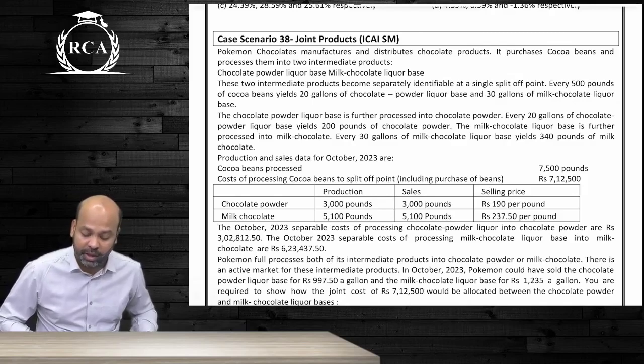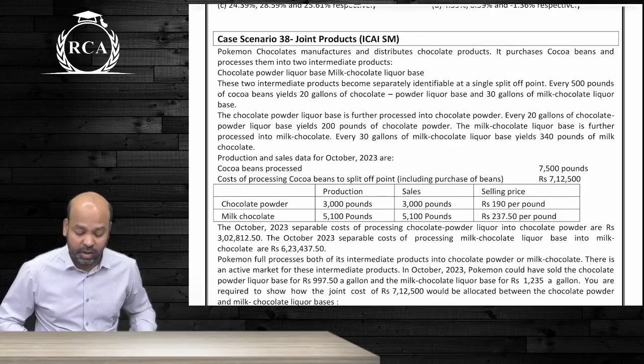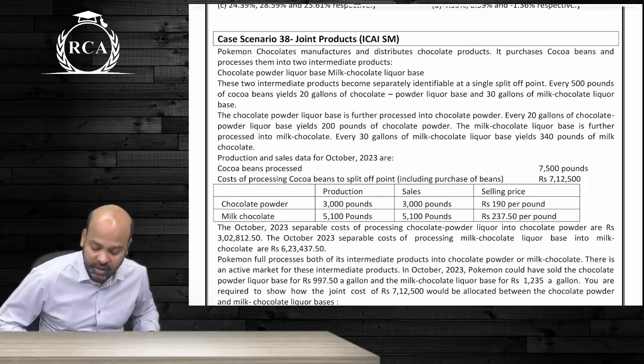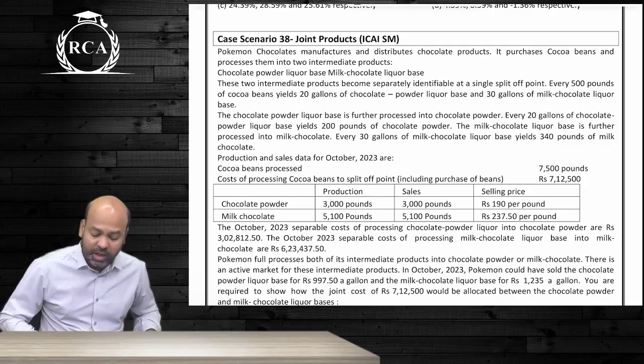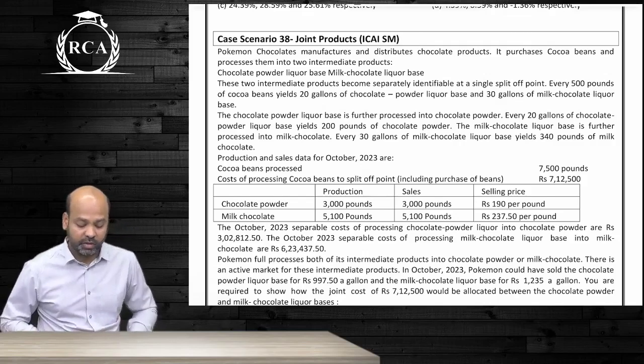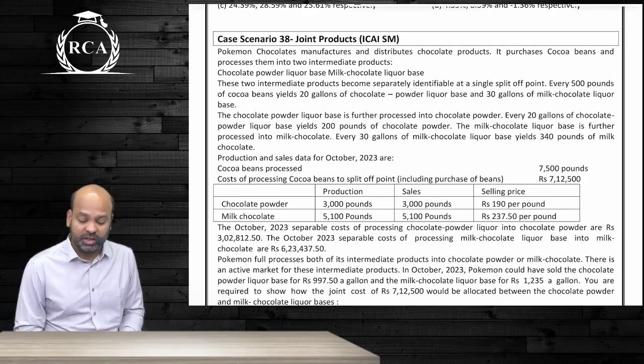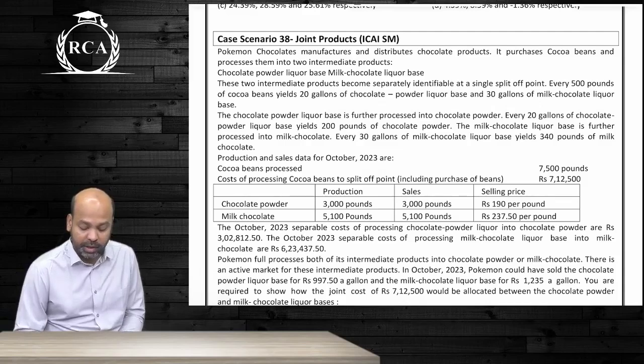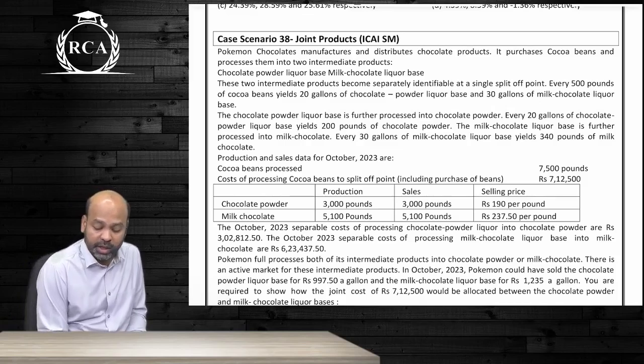Every 30 gallons will give us 340 pounds of milk chocolate. Production and sales data are given as follows. 7,500 pounds have been processed. Joint cost is 7,12,500. You got 3,000 pounds of chocolate powder and 5,100 pounds of milk chocolate. You also sold the entire thing.